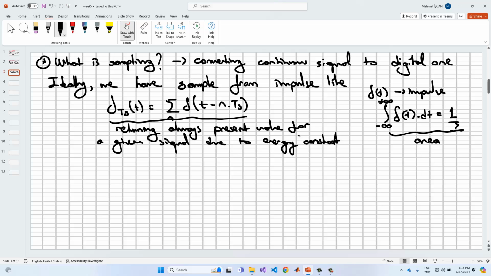Okay, just remember that. And so we can write this x sampled, or the digital signal, as x(t) times the impulse train, δ_Ts(t).